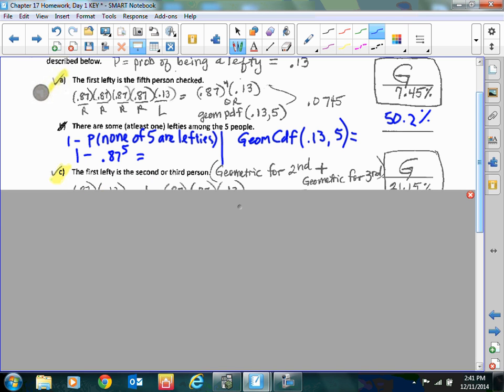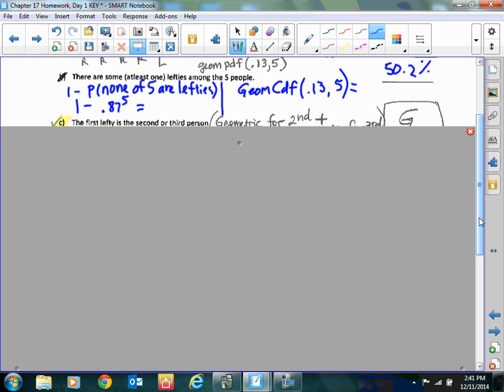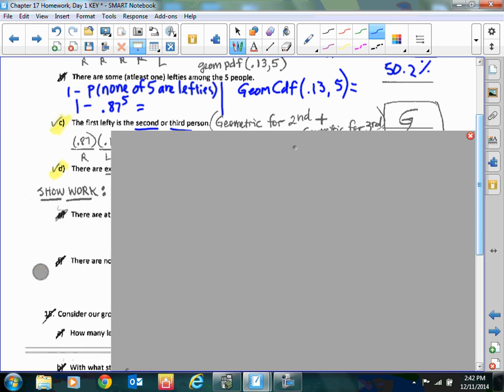Here is one that you were to do last night, but notice, it defines the order for two situations. It says you get a lefty in the second spot, or you get a lefty in the third spot. That's what this is saying. So how does it look to get a lefty in the second spot?